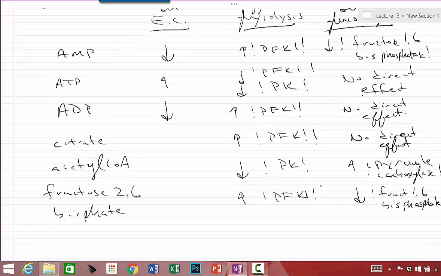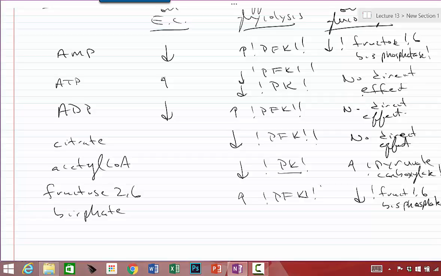Yes? For the second to last one, is it PK or is it supposed to be PF? The second to last one is PK. That's pyruvate kinase. That's citrate lowered PFK. I misread my notes. I appreciate that correction. Thank you very much. You're exactly right. It lowers PFK1.